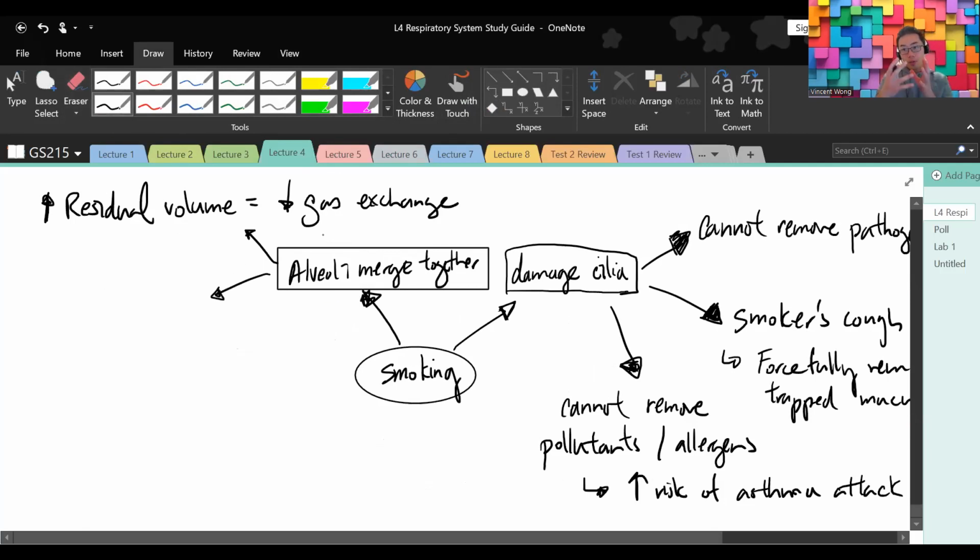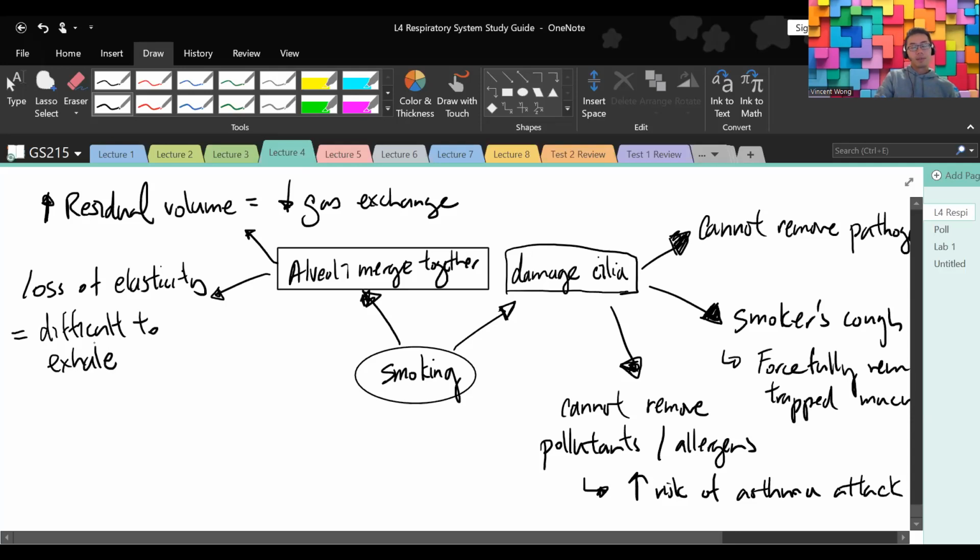When the alveoli are merged together, you basically have less surface tension, which results in loss of elasticity, which means it's going to be difficult to exhale, right? So remember, the lung is stretchy, like a balloon.